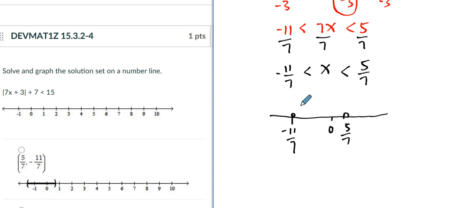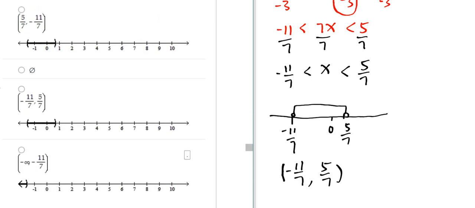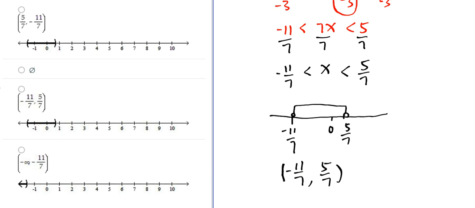Because again, no equal sign, so you want to do is empty circles in the middle. Using the interval notation, you should have a negative 11 over 7. And then here is 5 over 7. Round brackets. Okay. So which one is our choice? We have 4 choices. 1, 2, 3, 4 here. Third one. Negative 11 over 7 to 5 over 7. All right. See you next time.